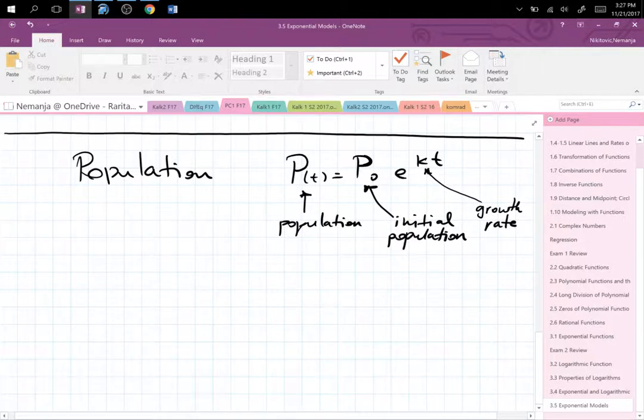So if you have 2 points in time, you will be able to calculate the k for the model and the P0 as initial population, and then by plugging in different times for the future, you can approximate the amount of people in the future.